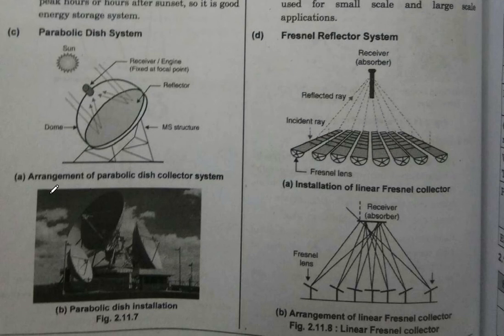Here you can see we have a large reflector, and we have a receiver over the dome which will receive all the radiation.